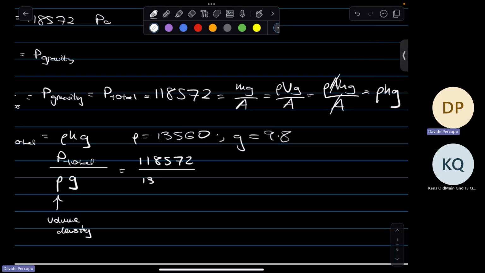So we have the fraction 118,572 over 13,560 times 9.8. Which is like 0.892. Yeah, you're right.